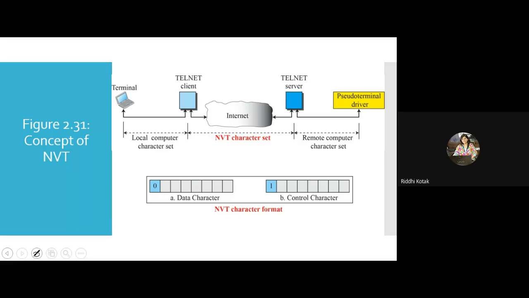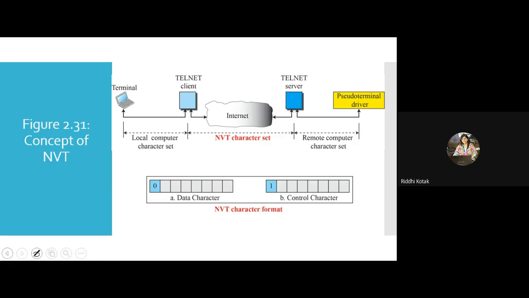Whereas the system understands binary, so we need to convert that data into a machine understandable form. And control characters are related to pseudocode, which the machine understands. So the character set, the data characters, is at the client side, and control characters will be at the server side. These are used to handle the functionality of the server.